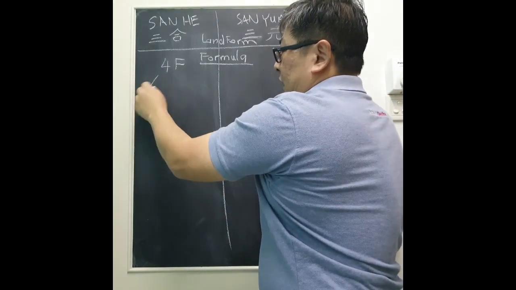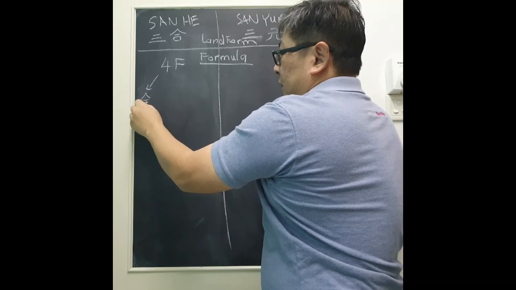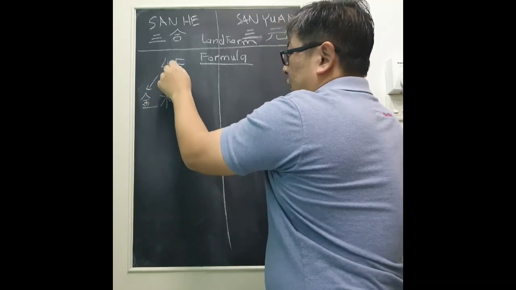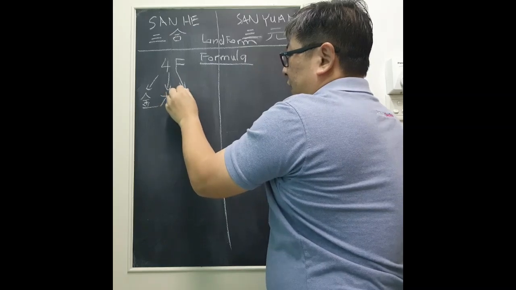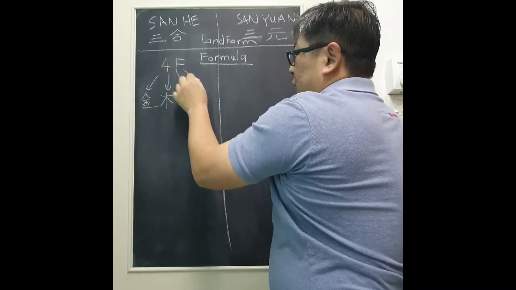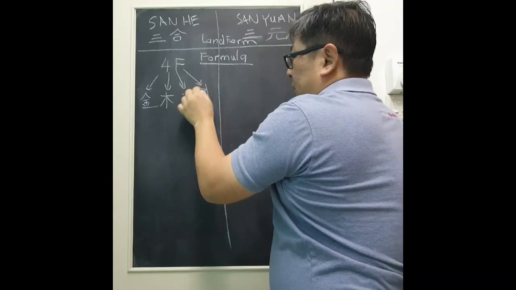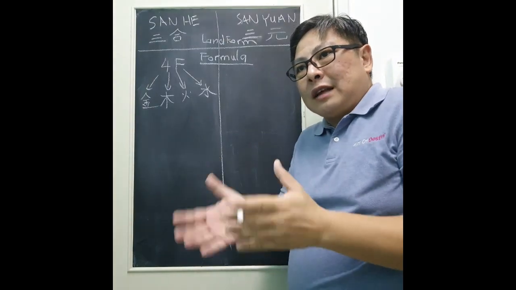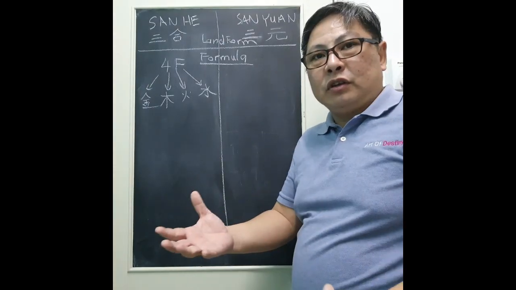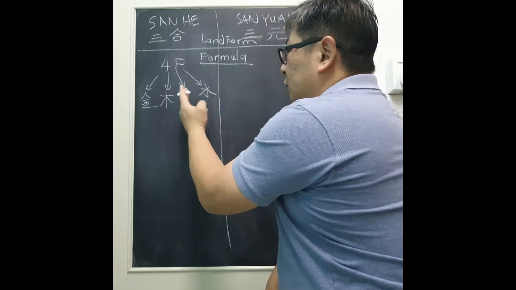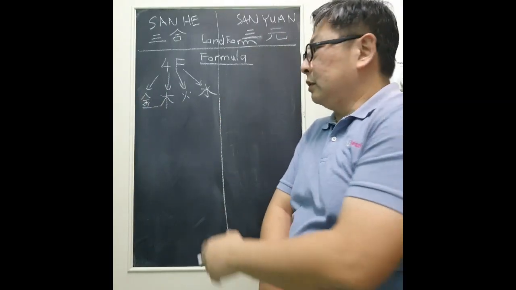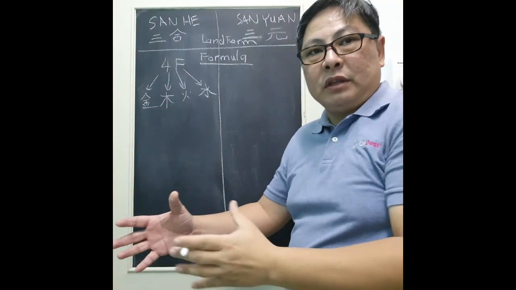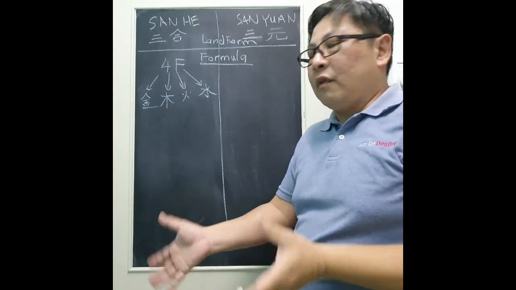They have the metal formation, the wood formation, the fire formation, as well as the water formation. So there are four formations, because in Sangha Feng Shui any type of formation will naturally fall into one of them. The practitioner will need to ascertain which formation this property or landform falls into.